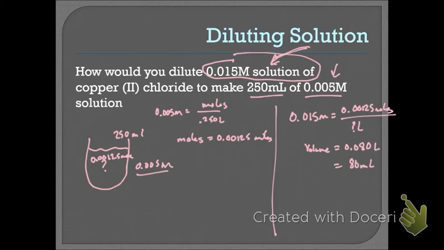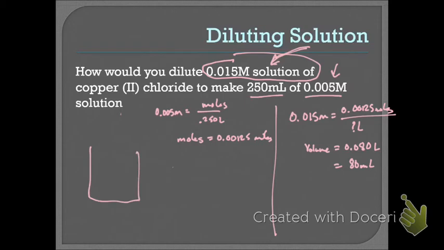So in order to make this, I'm going to take 80 milliliters of the 0.015 molar and dump it in here. And that's going to get me the number of moles. So let's start again. How would I make this solution? Imagine this is an empty beaker.